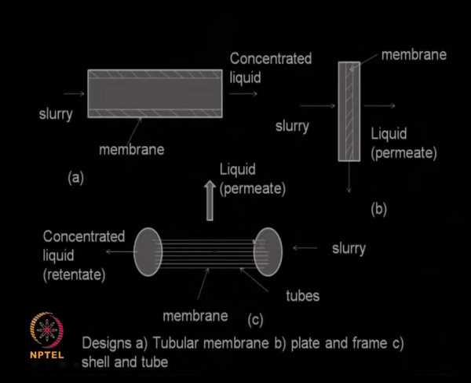So you have many tubes of membranes, so your liquid may be flowing here and they get distributed along the tubes, and on the other side you may have a concentrated liquid flow here, and your solvent or water may be flowing out of the solution.